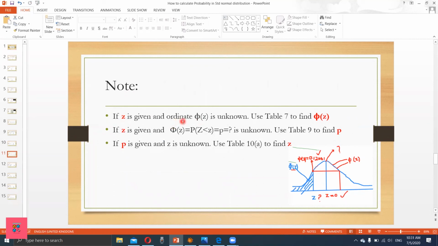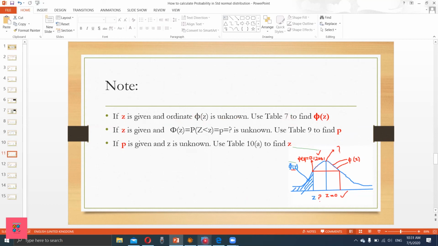We can say it's the PDF, or the specific height of the curve at a specific point. So all three ways are okay. So phi of z is unknown and we have to find phi of z, then we will consult table 7a.